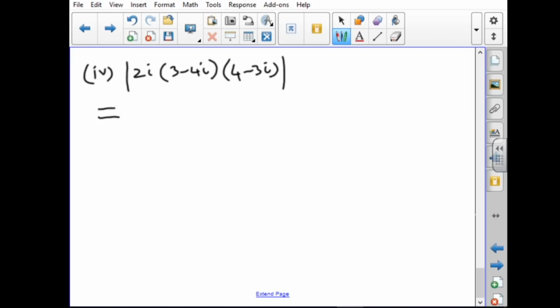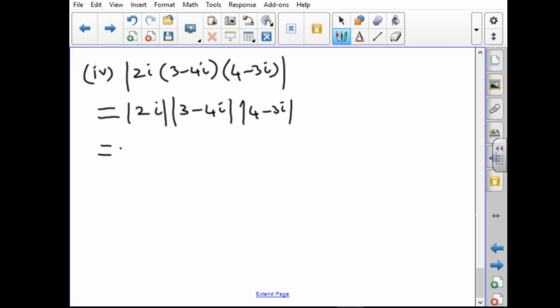So we know that modulus of z1 into z2 is equal to modulus of z1 into modulus of z2. So here we have three terms. It can be extended to any number of terms. Therefore it is modulus of 2i into modulus of (3 minus 4i) into modulus of (4 minus 3i).